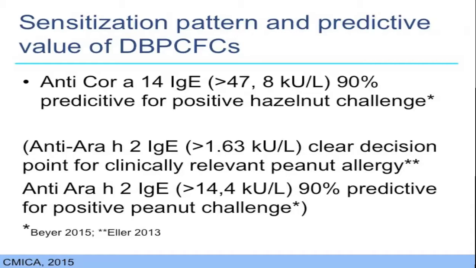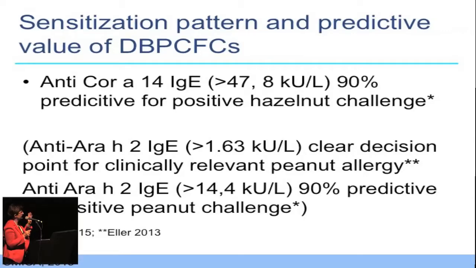So Kirsten Beyer published recently that specific IgE directed against Cor a 14, this 2S albumin, with a level of higher than 47 kilounits, which is a lot, is 90% predictive for a positive peanut, hazelnut challenge. Sorry, this was a typo I have to correct.